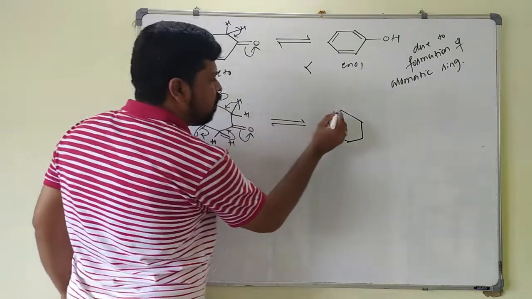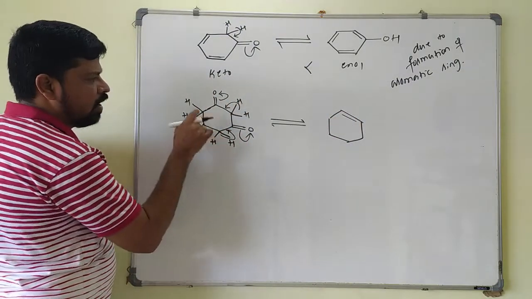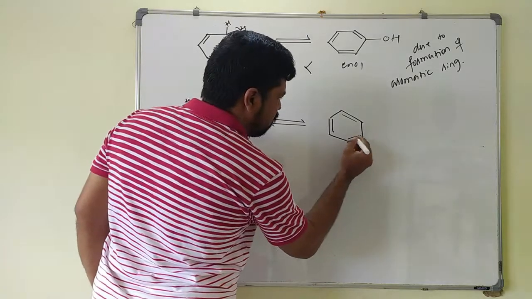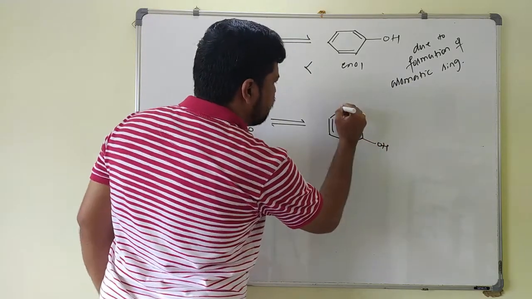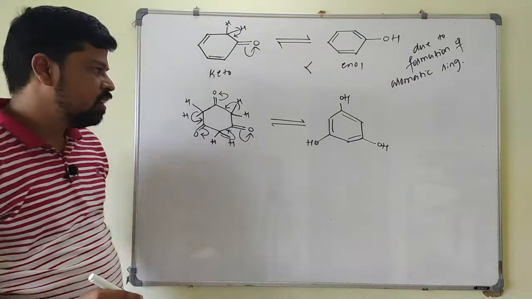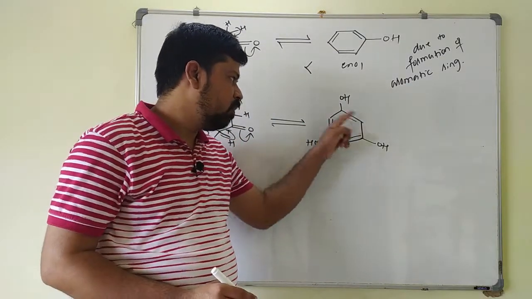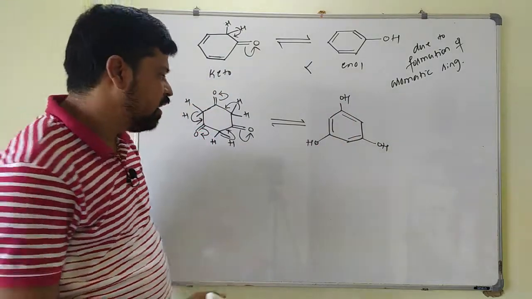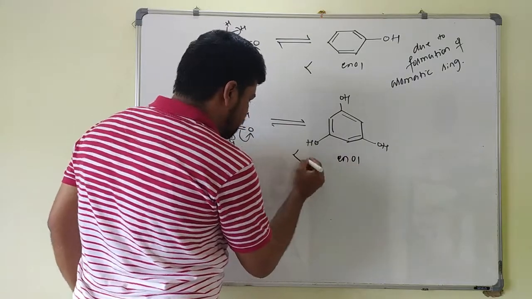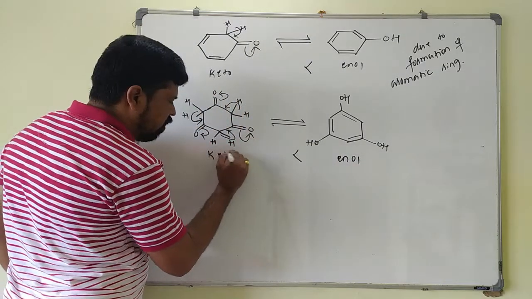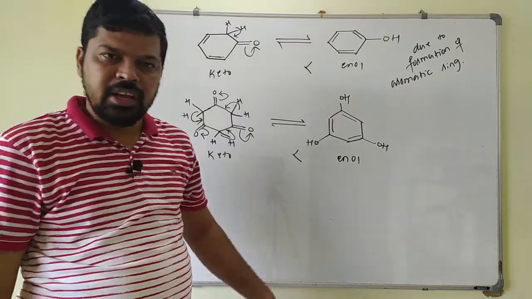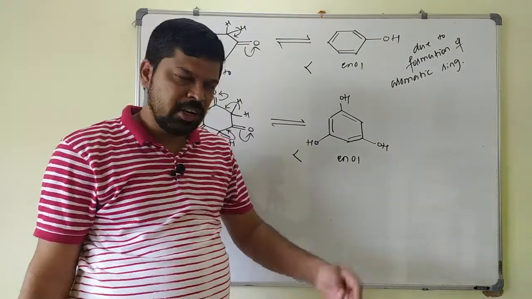Here you will get a double bond, here a double bond, and here a double bond. Again this becomes OH, and this will be OH, and this will be OH here. See here, the enol form, but ultimately it is forming an aromatic ring. In this case also the enol is more stable than the keto form because it is forming an aromatic ring here. One thing you keep in mind, the enol form with anti-aromatic form is not observed.